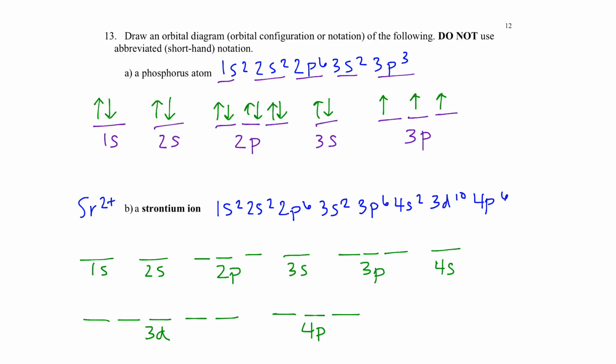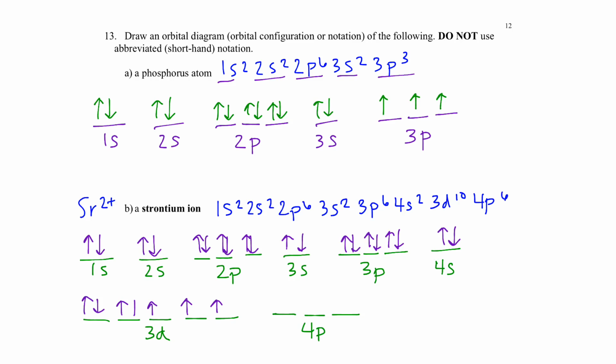So no matter what the coefficient is, the number of boxes you're drawing depends on the letter. Okay? So 1s would feel like that, 2s2, 2p6 would go 3 up and then 3 down, 3s would go like that, 3p would feel the same way. The reason I'm filling from the lowest to the highest is the Aufbau principle, the idea that electrons fill from lowest sublevels to highest.